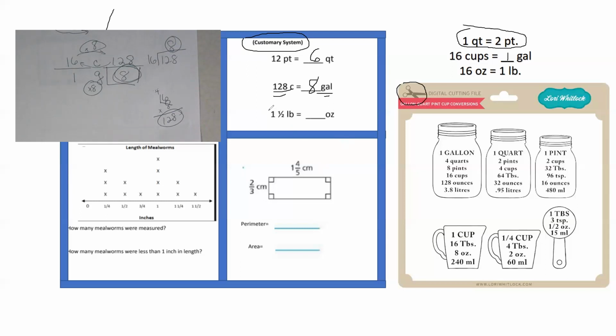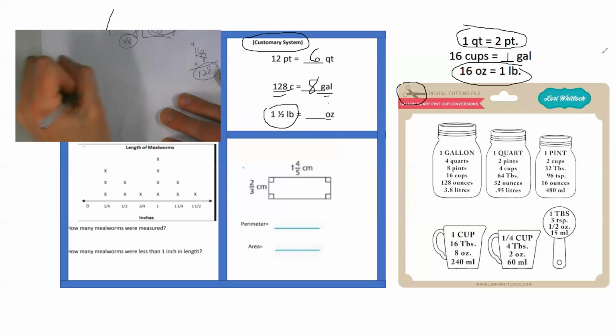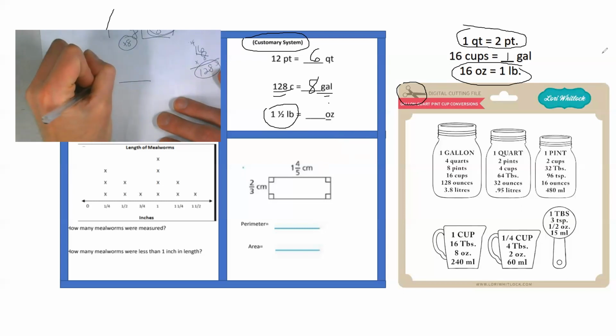All right, now we have 1.5 pounds, and we got to figure out how many ounces. Well, we know that 16 ounces is equal to 1 pound. So what I'm going to do here is I'm going to give the double blinker. Over here, I'm going to put pounds and ounces.